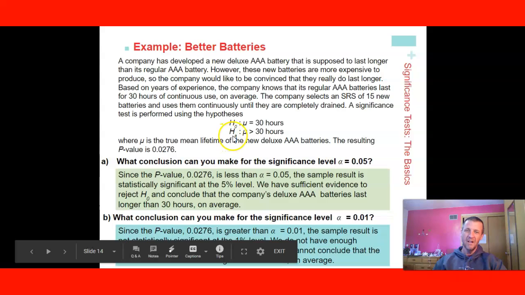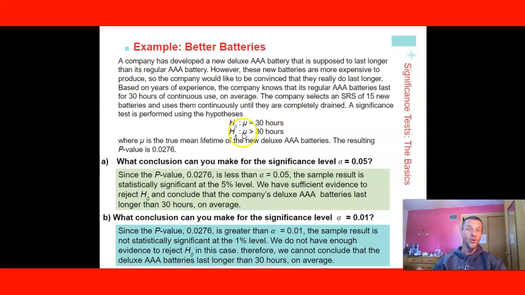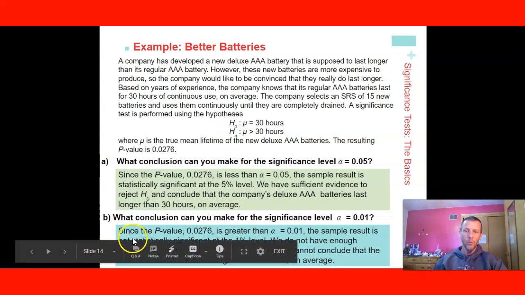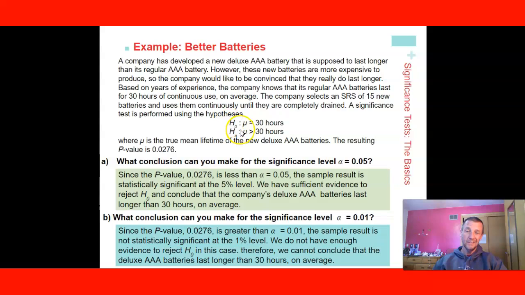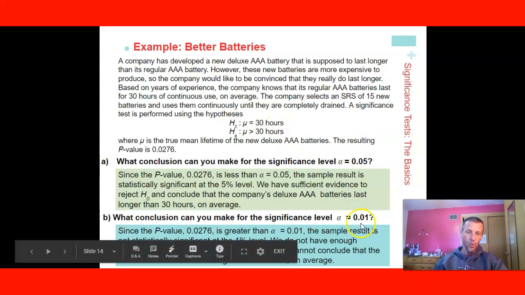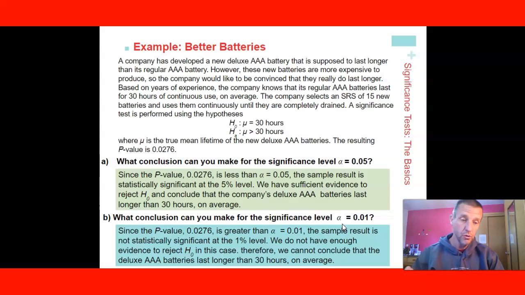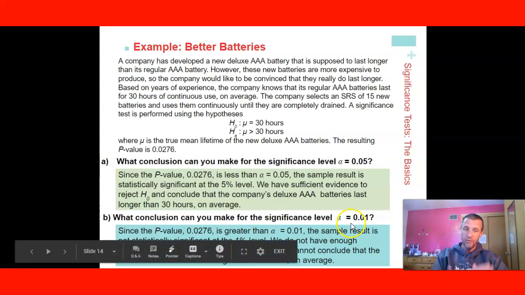This doesn't give us strong statistical evidence that our new batteries are better than 30 hours. We would fail to reject the null hypothesis, which says we don't have proof yet. The lower the alpha level, the harder it is to prove something, the harder it is to reject the null hypothesis. You've got to be further out in that tail for it to make sense.